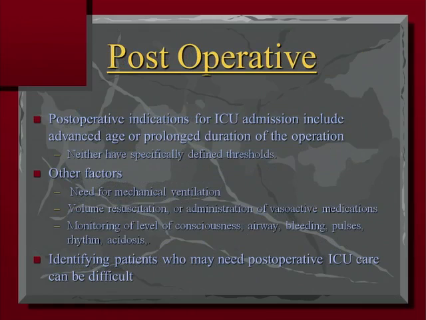Post-op, which patients go to the ICU, there are really no good indicators. Advanced age, duration of the procedure may help lead you, but there are just no good thresholds. Clearly, if they need mechanical ventilation or ongoing pressors.